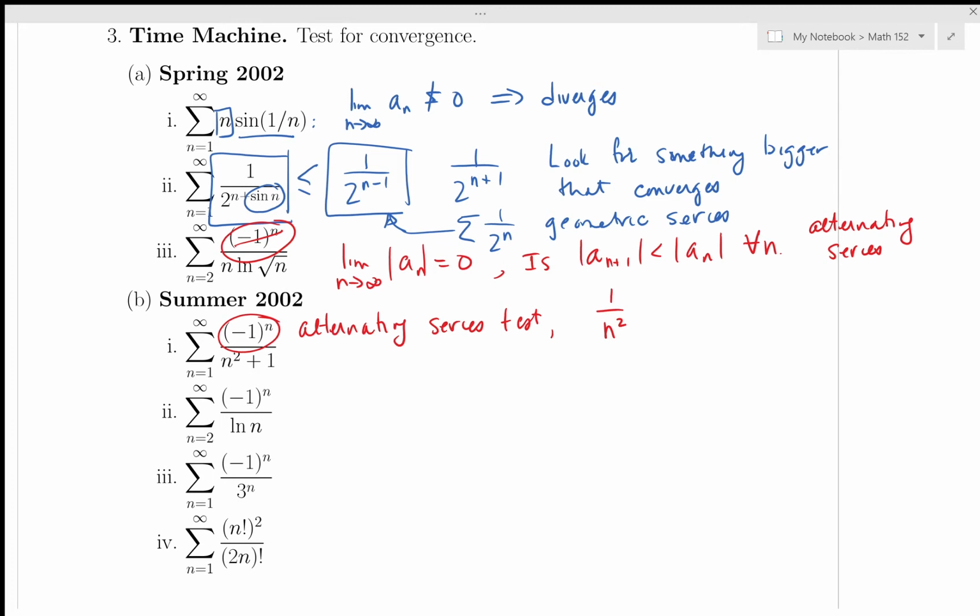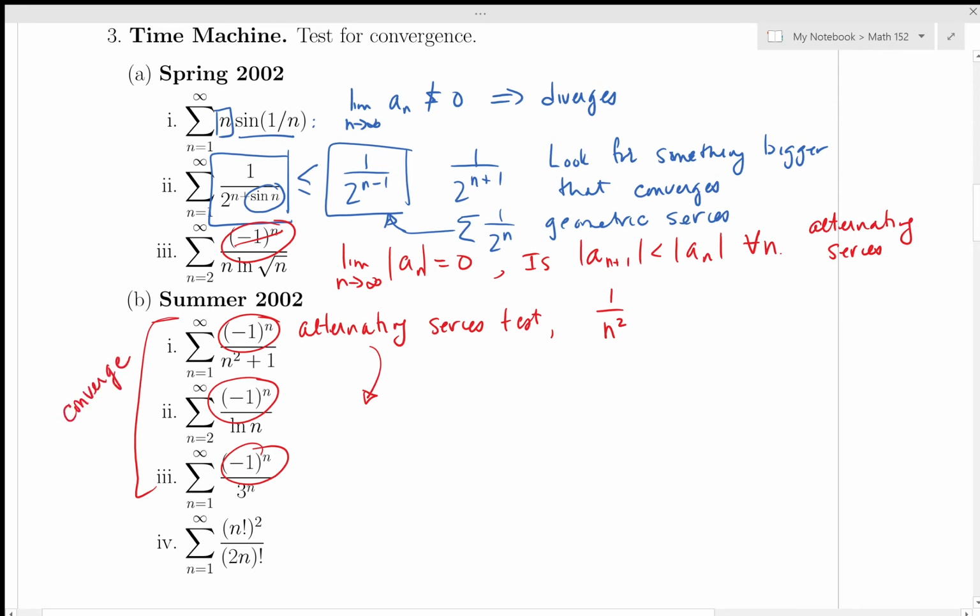So I'm expecting this thing to converge, and I'm going to use the alternating series test. Same thing. Next one. Alternating series test. Yep, convergent. So all 3 of these ones converge.